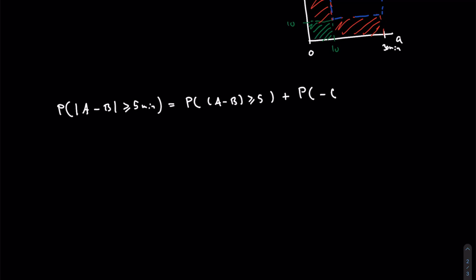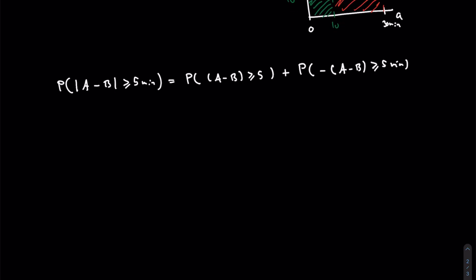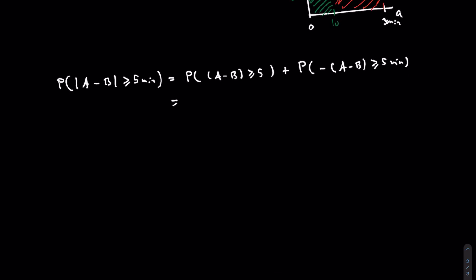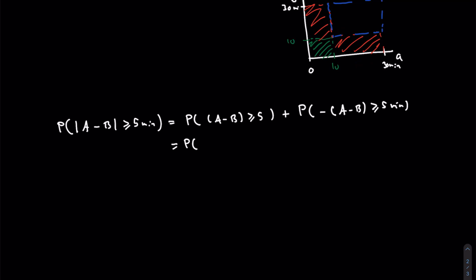And the other probability means that we have minus A minus B being larger than 5 minutes. Okay, and that means here I'm going to write this in terms of B, the B term, because that's our sort of y-axis. So this means now A minus B, just rearranging, and this other term here, oh, not a B, but a probability.